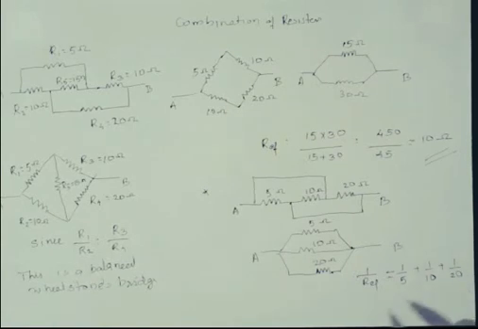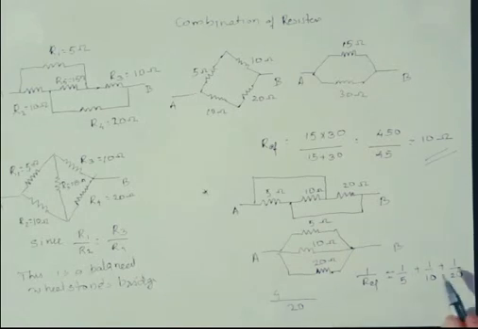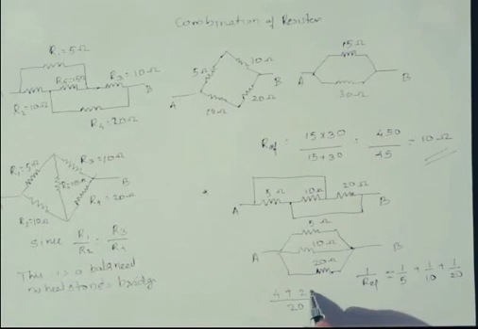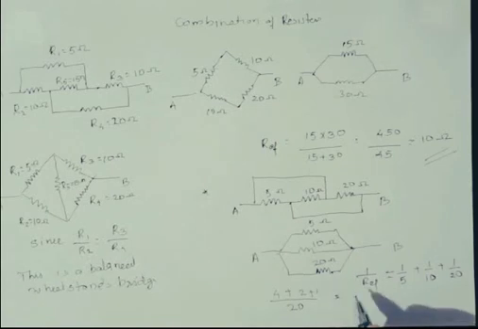You can take the common denominator as 20, then at the top you will get 4, and here you will get 2, and here you will get 1. 4 plus 2 plus 1, that is 7. 7 upon 20.